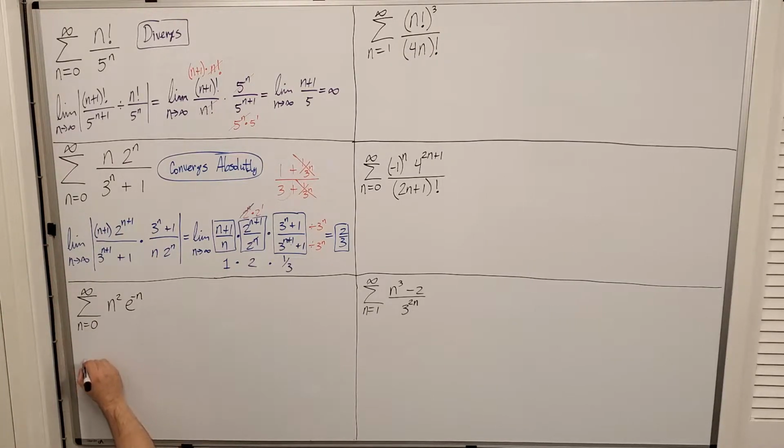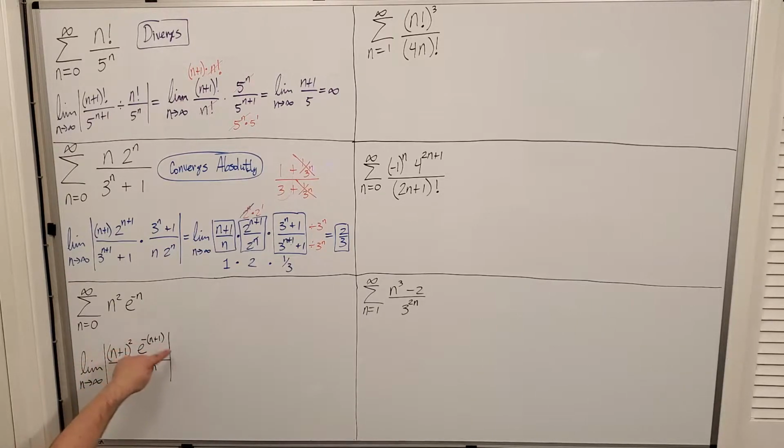This is going to be the limit as n goes to infinity of the absolute value of n plus 1 squared e to the negative n plus 1 divided by n squared e to the negative n.